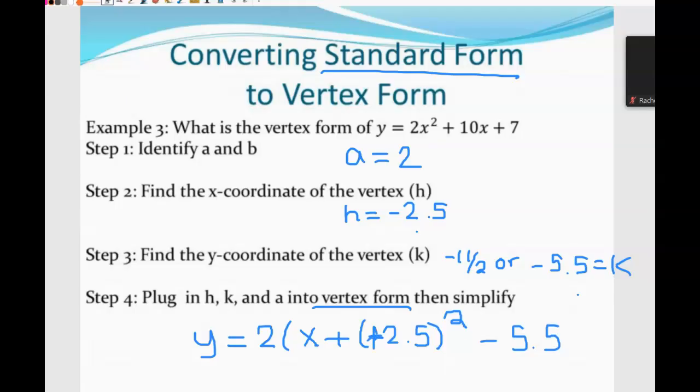The big thing is not forgetting the squared.